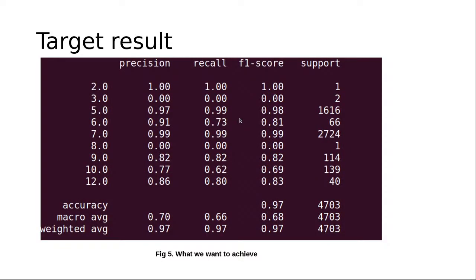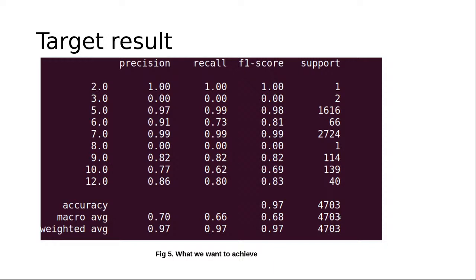And so as far as our practical session is concerned, this is what we want to achieve. Since we've already trained it, the accuracy of our model is 97%, which is a very good model as a starting point.